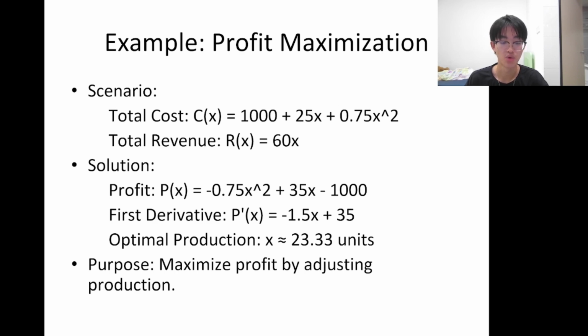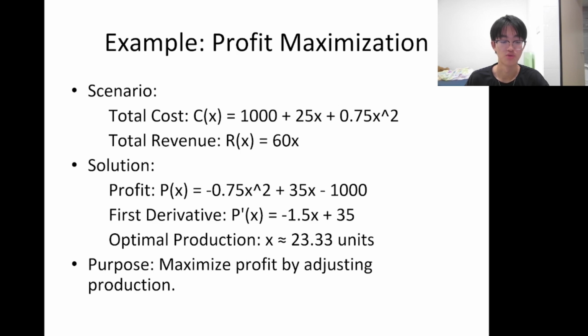And the critical point is nearly 23. Therefore, the optimal production level is approximately 23 units for the max profit.